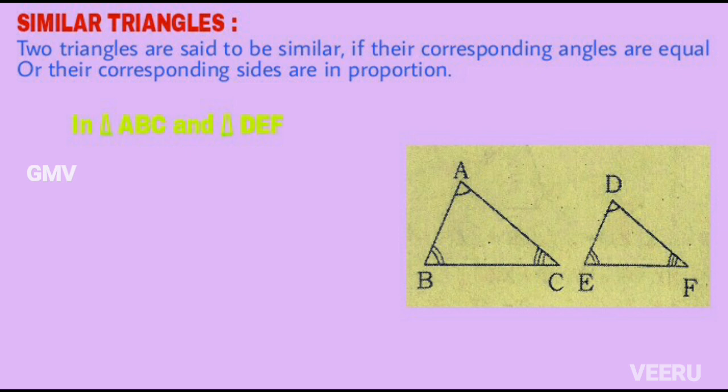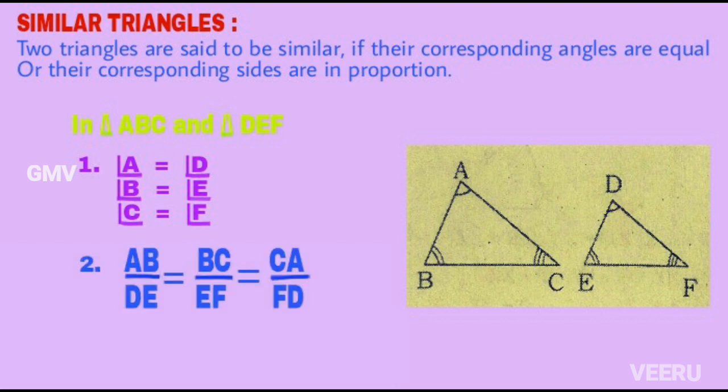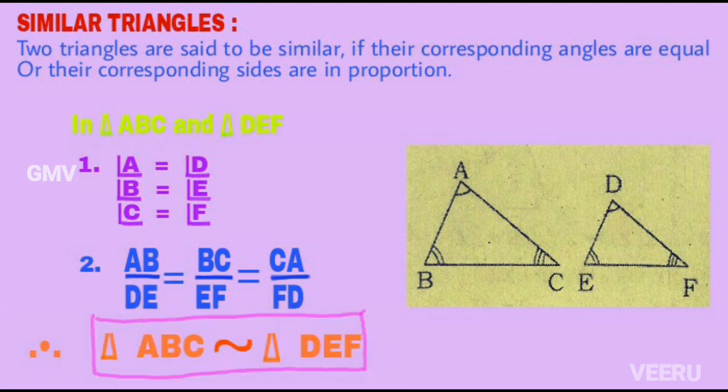In triangle ABC and triangle DEF, angle A equals angle D, angle B equals angle E, and angle C equals angle F. And also AB by DE equals BC by EF equals CA by FD. Hence, their corresponding angles are equal and also their corresponding sides are in proportion. Therefore, triangle ABC is similar to triangle DEF.